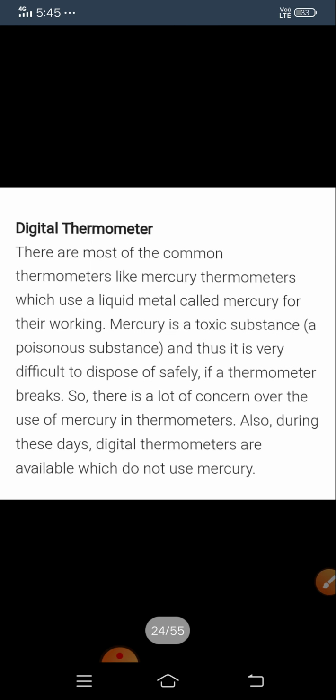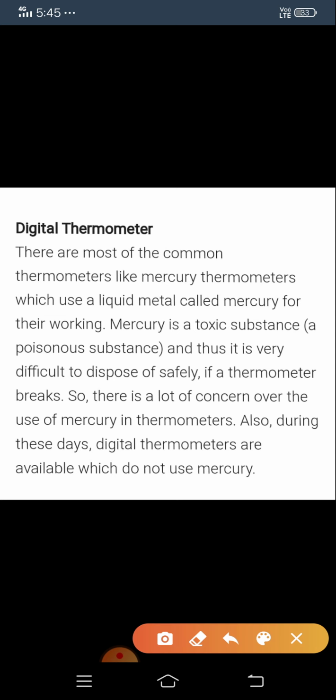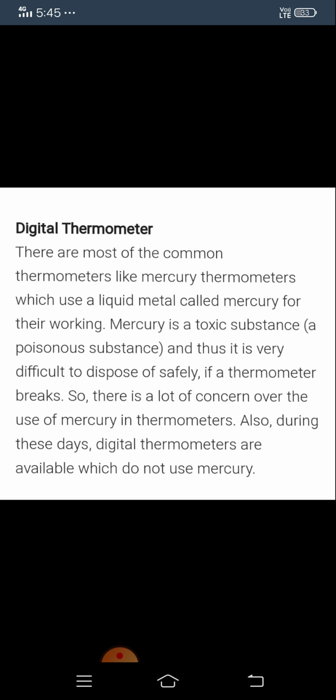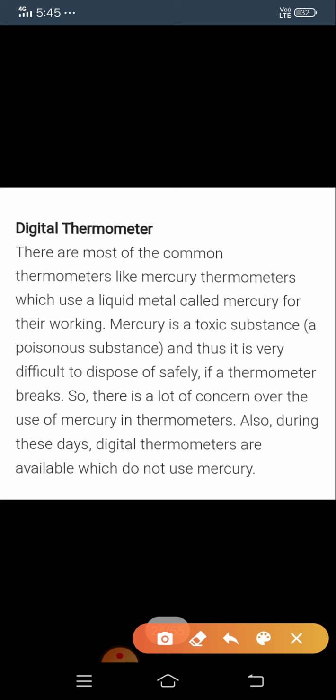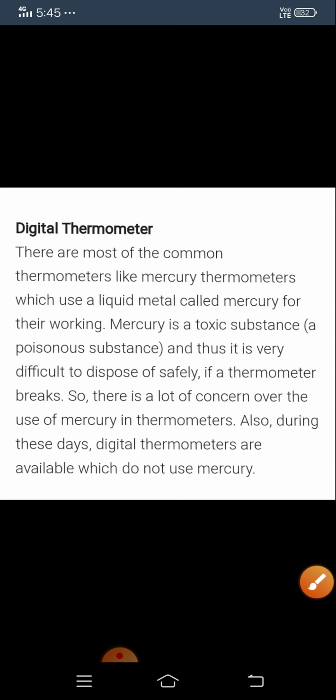Let us move forward. That is digital thermometers. As you know, nowadays digital thermometers are used. In a digital thermometer, there is no mercury. The most common thermometers use a liquid metal called mercury for their working.